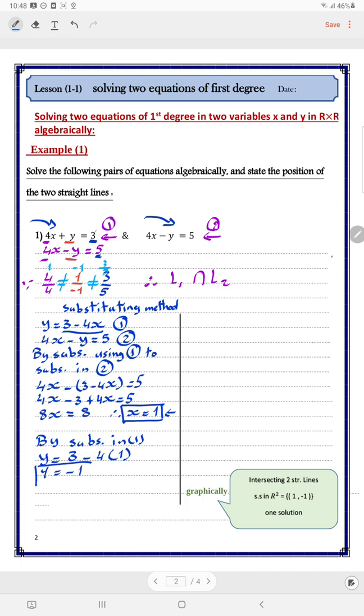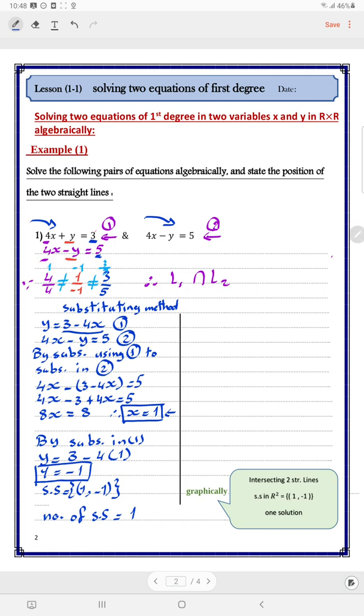Now I have the two coordinates of the intersection point, x and y. So the solution set here equals {(1, negative 1)}. How many solutions? Equals 1 solution. Only one point, the intersection point.